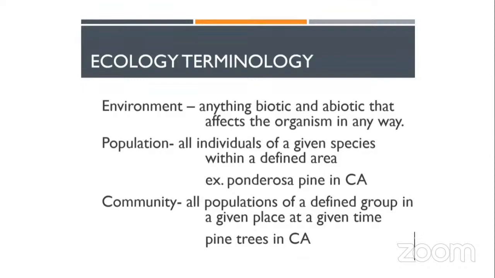And a community is all populations of a defined group in a given place at a given time. Note this: for a community, we have to define a place and a given time. All populations of a given place at a given time will form the community.